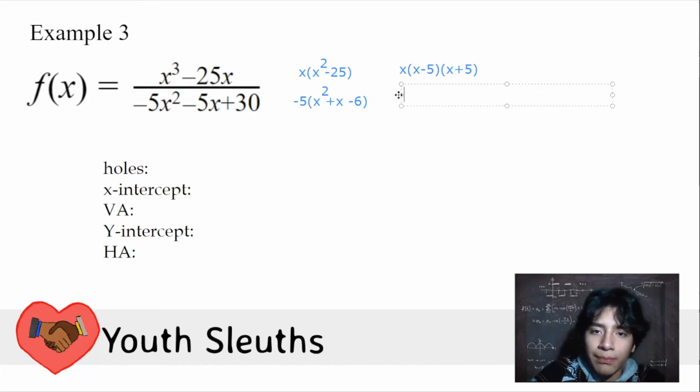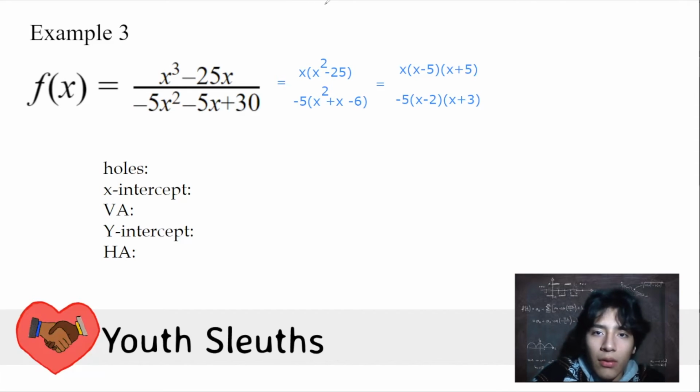Then for the bottom, bring over our -5. And we find two numbers that multiply to -6 and add up to 1. So we get x minus 2 times x plus 3. And that is our fully factored function.